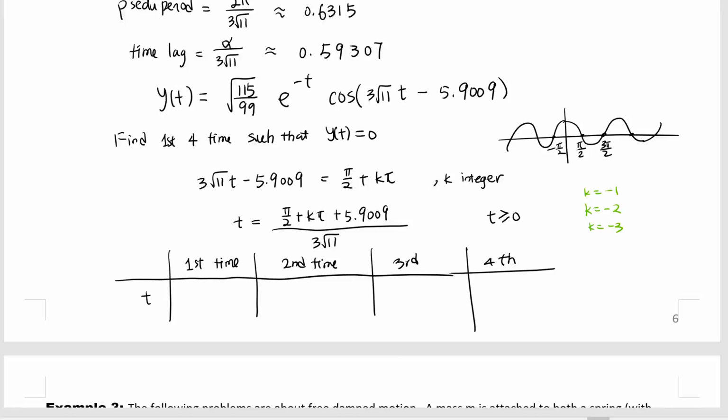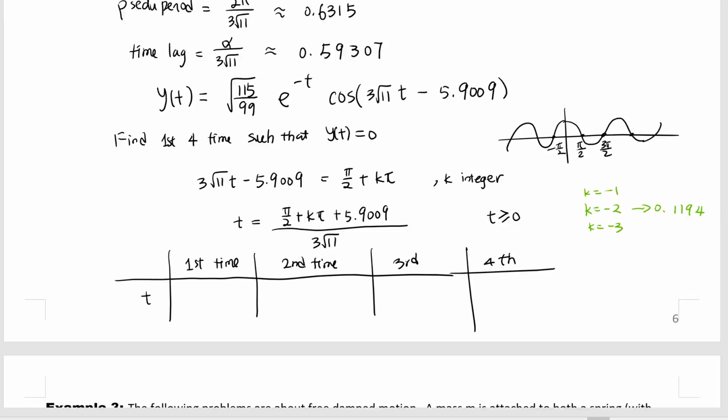Let's plug in k equals negative 2. So we have pi over 2 minus 2 pi plus 5.9009 divided by 3 and divided by square root of 11. So I got 0.11944.